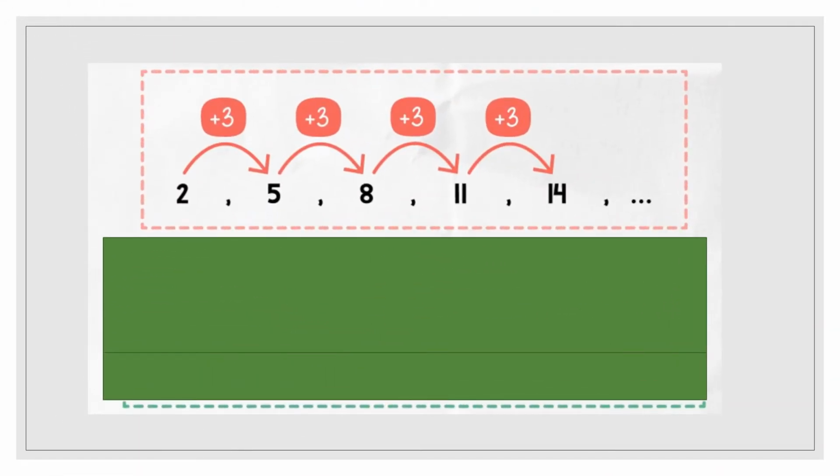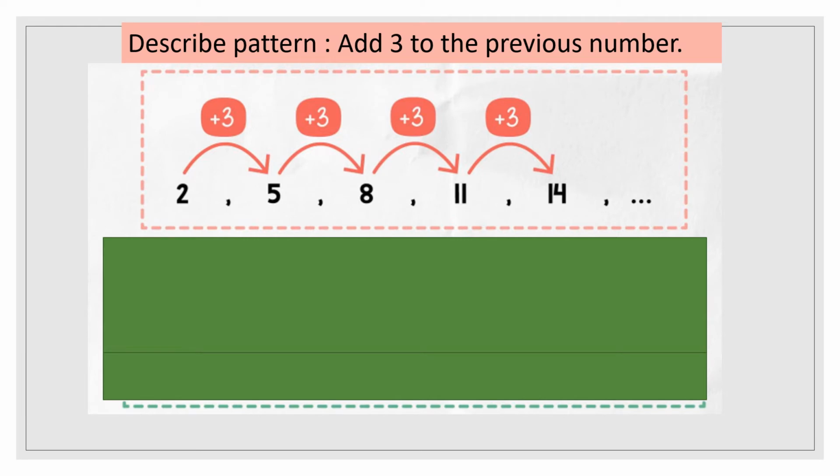This is an example of pattern in numbers. How can we describe pattern? For this example, this is how we describe pattern. Describe pattern: add 3 to the previous number. Add 3 to the previous number.